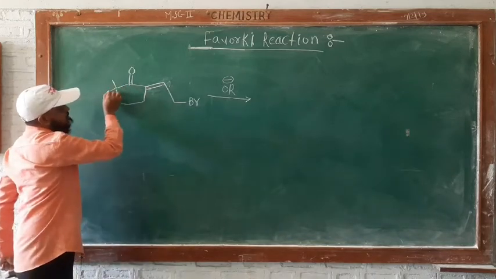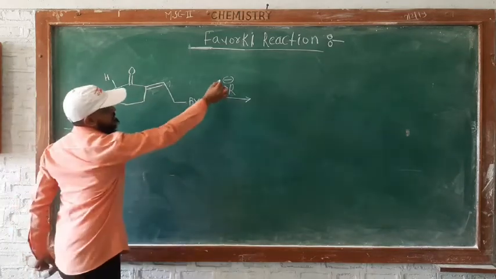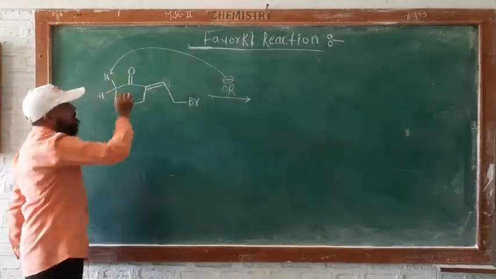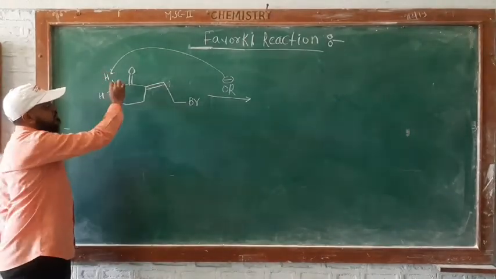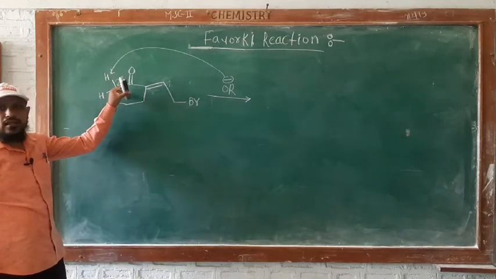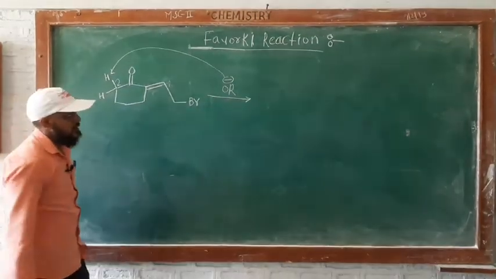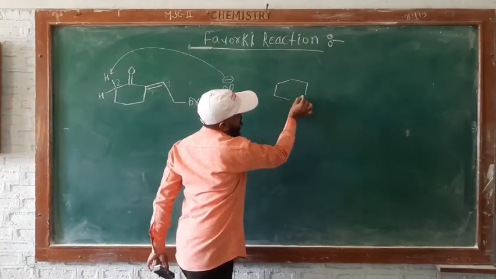Here two acidic protons are present. Firstly this OR negative reagent extracts this acidic proton, due to which the negative bond shifts toward this carbon atom, and this carbon bears a negative charge, and we will get this type of intermediate product.